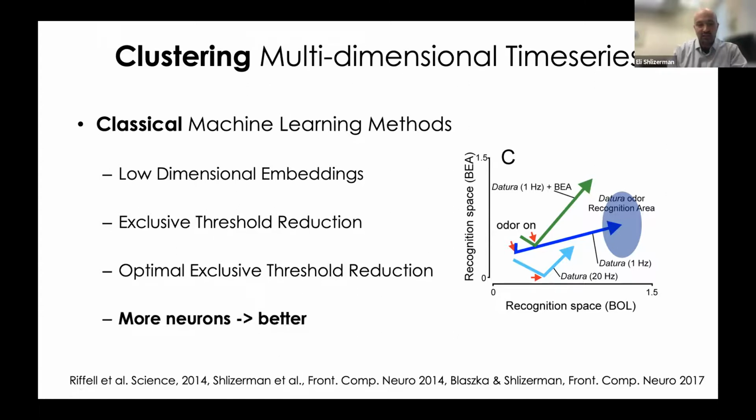The main lesson from these classical machine learning methods is that the more neurons, the better is the clustering in this low dimensional space. So it's a little bit non-intuitive that you would need much more data in order to derive a better, a cleaner low dimensional representation. But these are all the lessons.